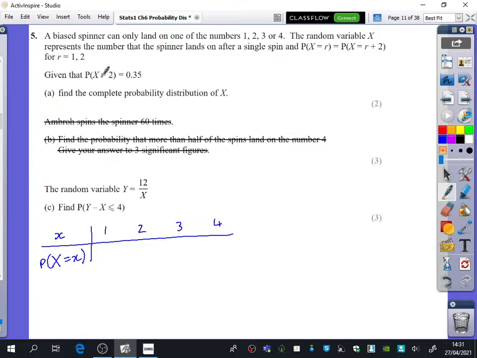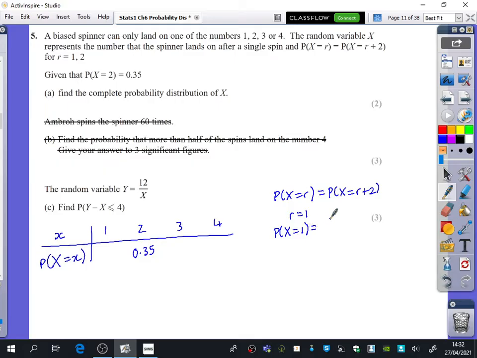And they've told us the probability that x is equal to 2 is 0.35. Let's have a look at this thing that they've said. They've said the probability that x equals r is equal to the probability that x equals r plus 2, and that's true for r equals 1 and r equals 2. So what should I do with this information that I've got here? 0.35 for 1 as well. Yeah, because if I substitute 1 in, I get the probability that x equals 1.